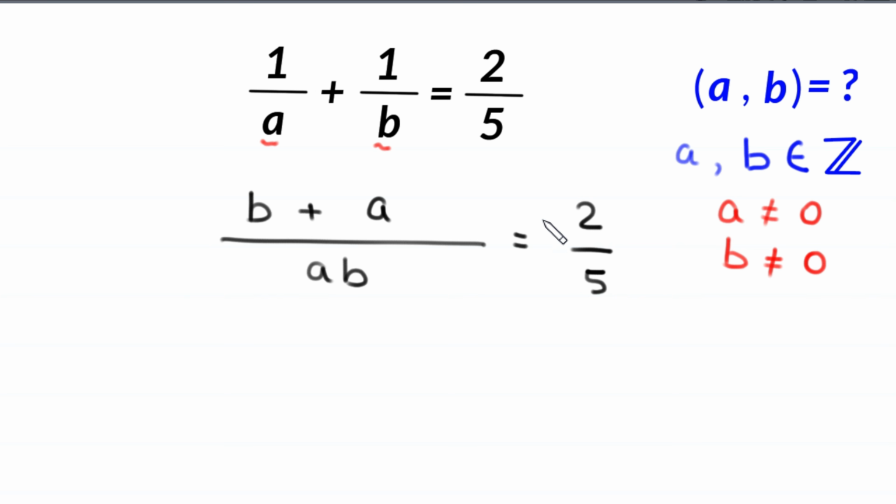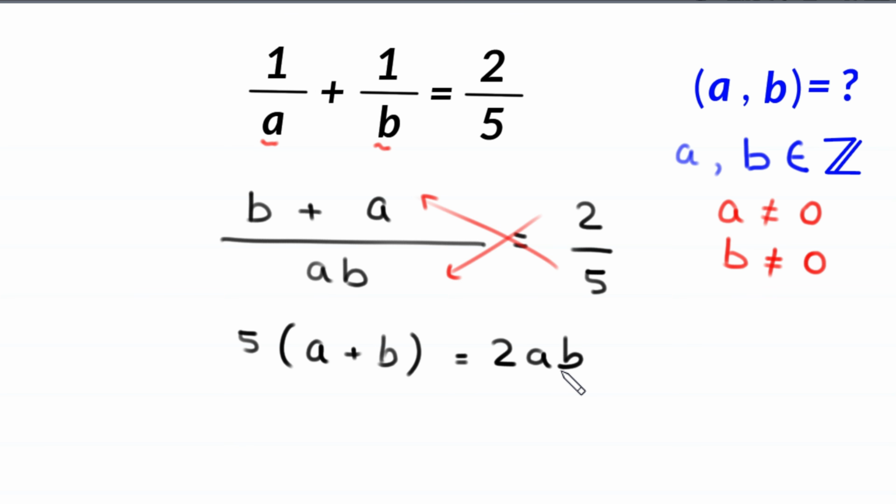We multiply this 2 by this ab and this 5 by this a plus b. So we get 5 times (a plus b) equal to 2ab.